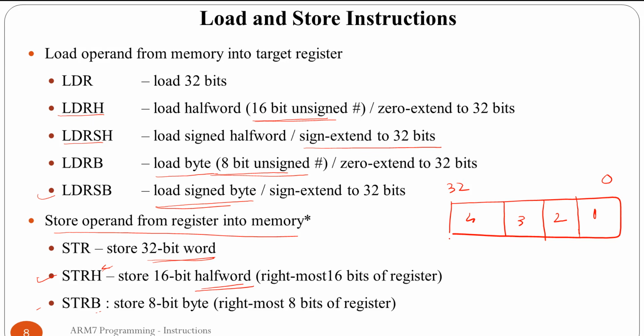If we store 8 bits of data using STRB, then the rightmost 8 bits of the register are used. If we have the r0 register and we have to store 8 bits of data from it, then only the lower 8 bits will be copied into the memory. Then again for half word, it is mentioned as the rightmost 16 bits of the register.